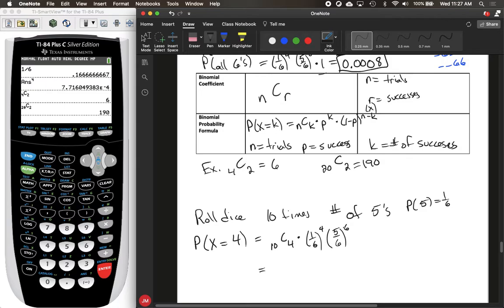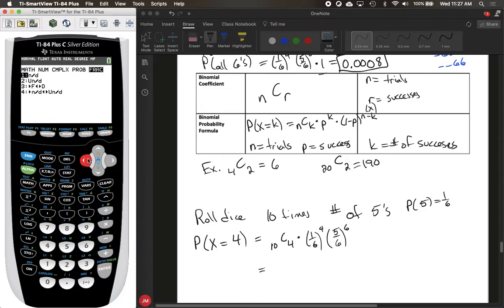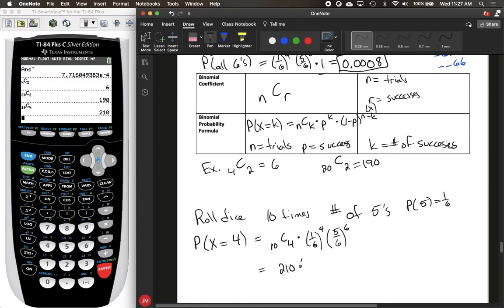And now instead of having to write it all out, we can just use the calculator to find that. So we'll go to Math, and find probability. First find the 10 choose 4. And so 10 choose 4 tells us that there are a total of 210 different ways that we could arrange 4 successes in 10 trials. So we're going to take 210 multiplied by our 2 fractions to those powers.